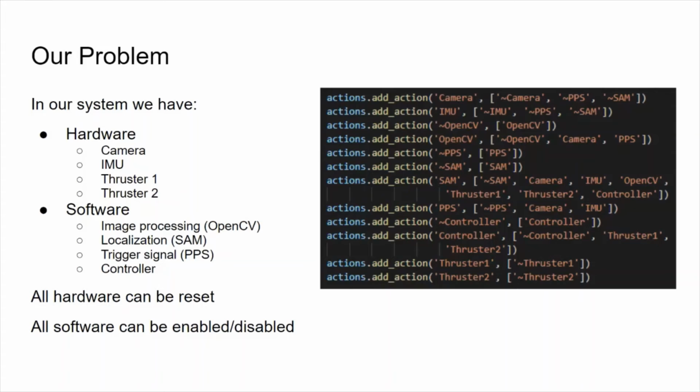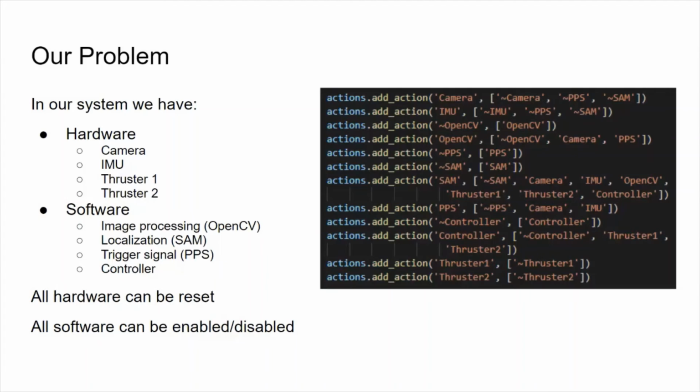And all of the hardware can be reset, so those are the possible actions that relate to hardware, and then all of the software can be either enabled or disabled, so those are the possible actions. And here's actually a snippet from our algorithm where we define our system in the code. These are all the different actions, resetting the camera, and here are all the preconditions. So the camera has to be disabled, the PPS has to be disabled, and the localization or the SAM has to be disabled.